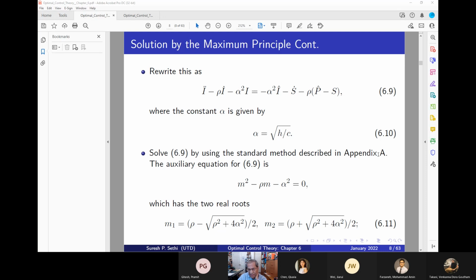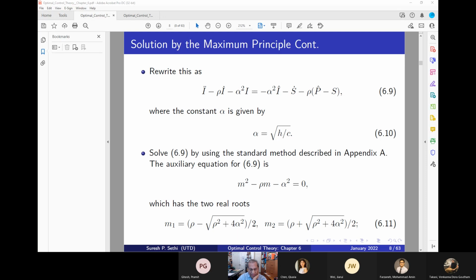So the standard method, which is described in Appendix A, uses an auxiliary equation. You put m squared for this, m for this, and m to the 0, which is constant, for that, and you get m squared minus rho m minus alpha squared equal to 0. This is called the auxiliary equation, and it has two roots. One root is m1, one root is m2. You can see that one is a negative root because this will be more than rho.